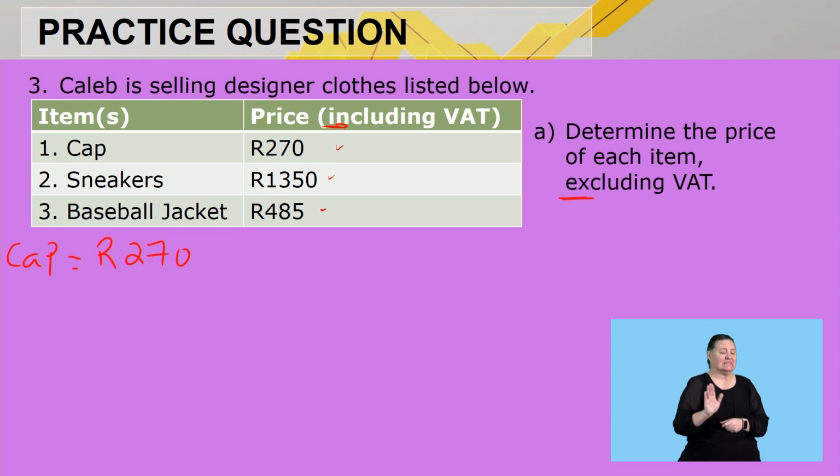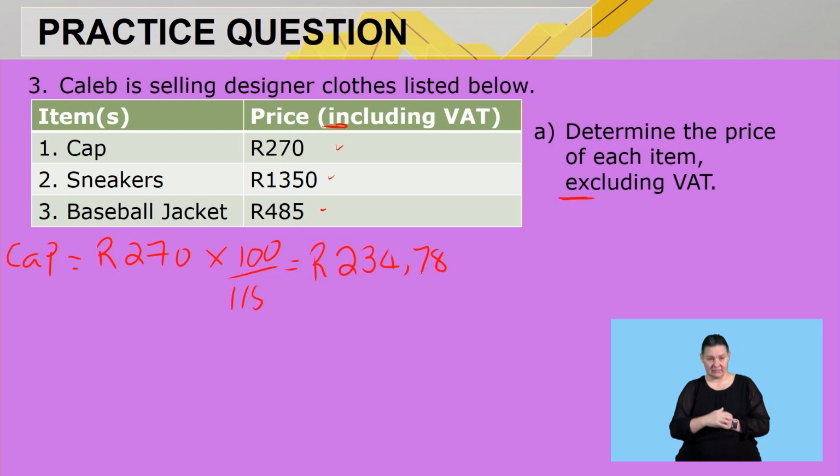Remember the formula that we use to calculate the VAT exclusive: the amount multiplied by 100 over 115. So for a cap excluding VAT, we say 270 multiplied by 100 over 115. So a cap before VAT costs 234.78.